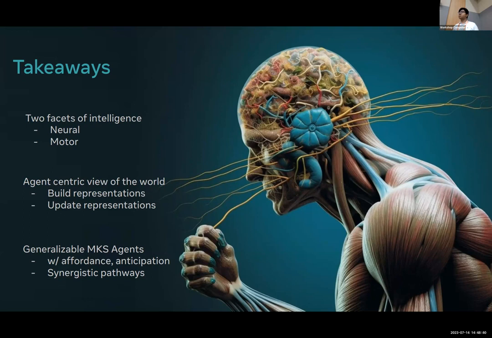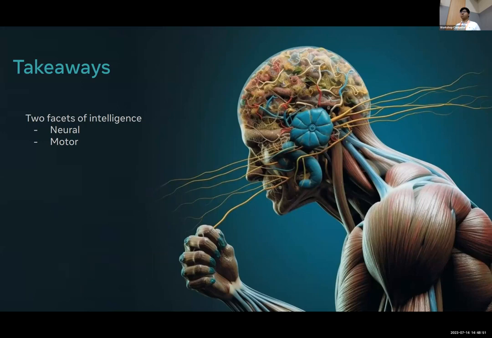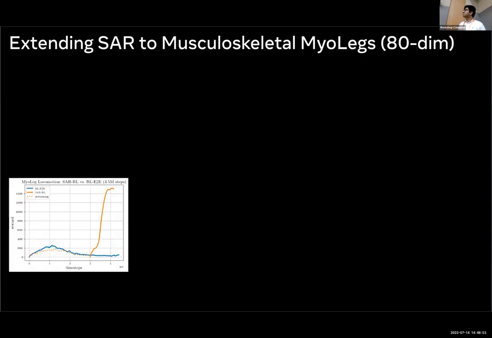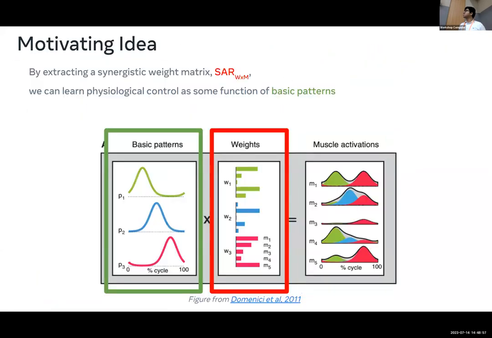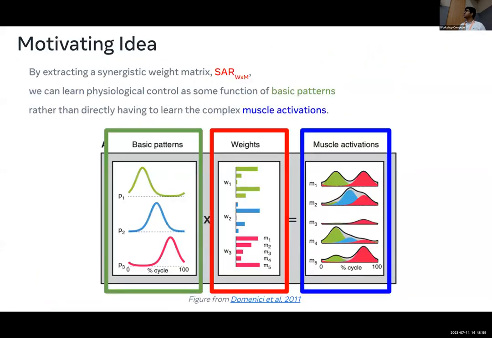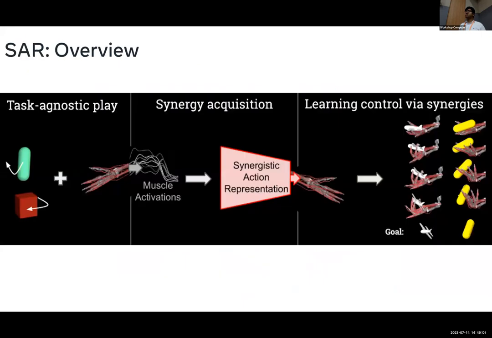In domains like manipulation, I think there's a lot more chance that you're going to just do random useless things, and there's a lot less probability of contact with the object. You might just be doing things mid-air, not making any progress. In such cases, I'm wondering whether the strategy of building these task-agnostic play type of priors from these random explorations can actually scale to those types of scenarios.